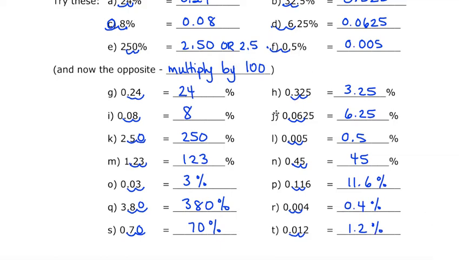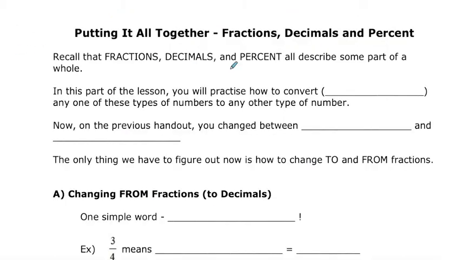So now that we've taken a look at how to convert between percents and decimal numbers and vice versa, let's add in the other one. So let's put it all together. So recall that fractions, decimals, and percents all describe some part of a whole. So in the first part of this lesson, we practiced how to convert percents into decimal numbers.